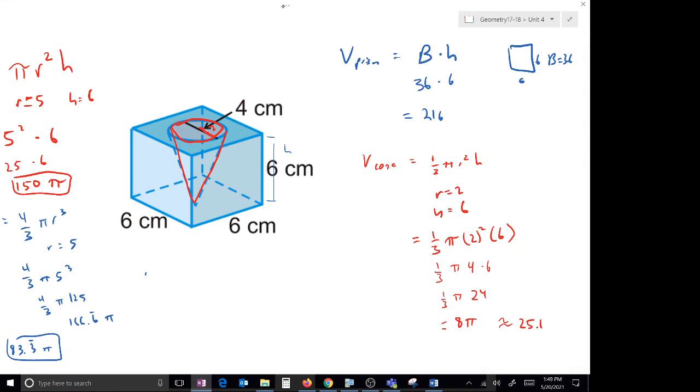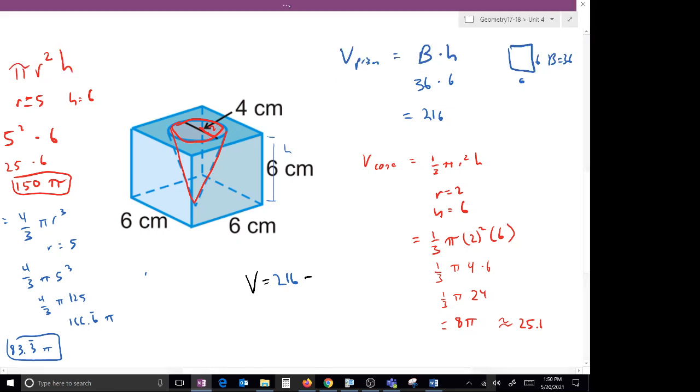So to get my final volume, we do 216 minus the 25.1 we found.